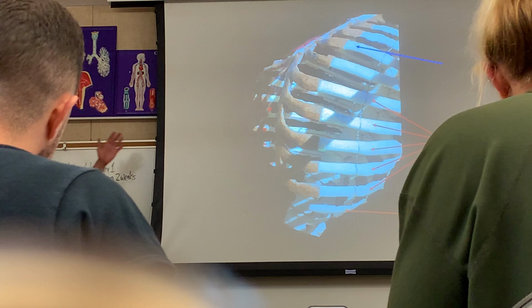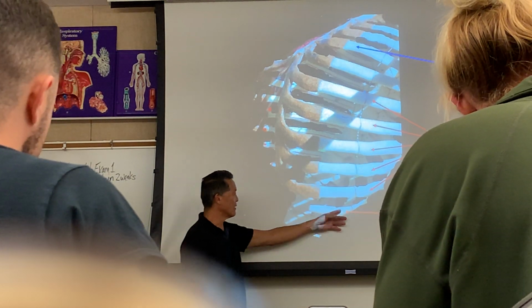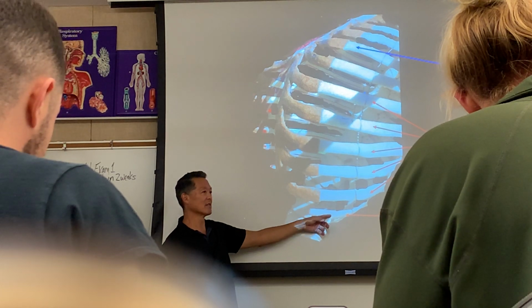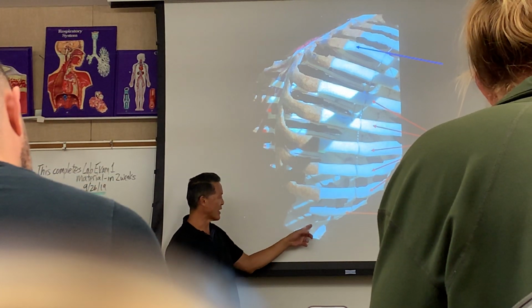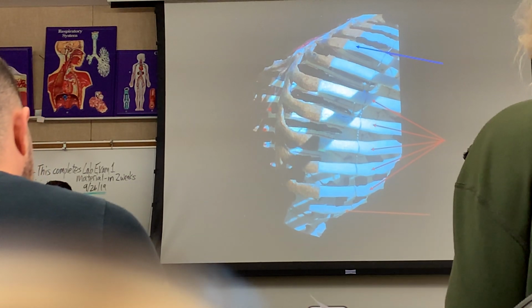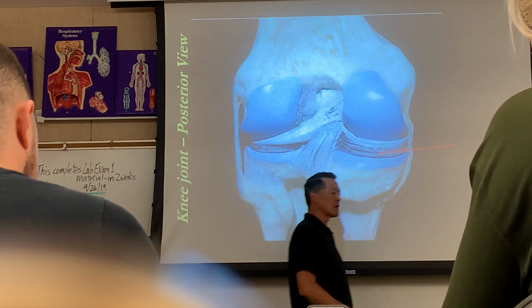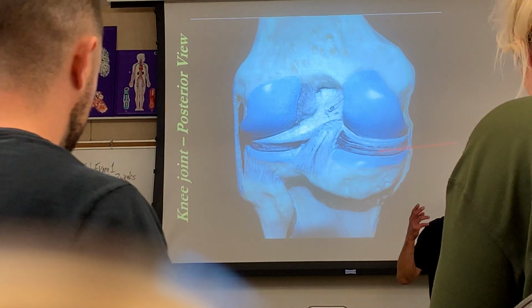So blue is true, red is false, orange is false floating. There's another one in the shadow down here too, that's number 12.